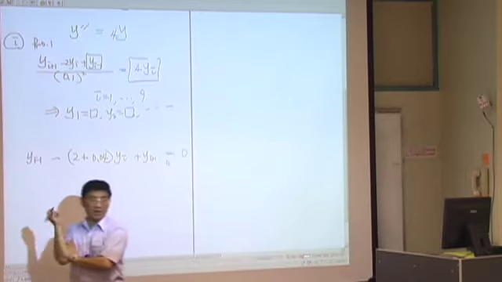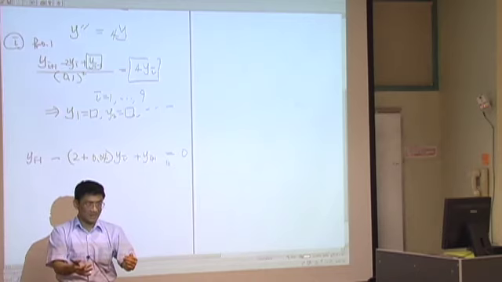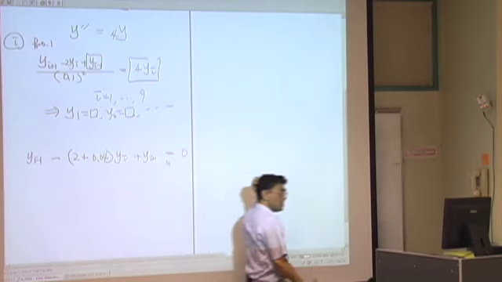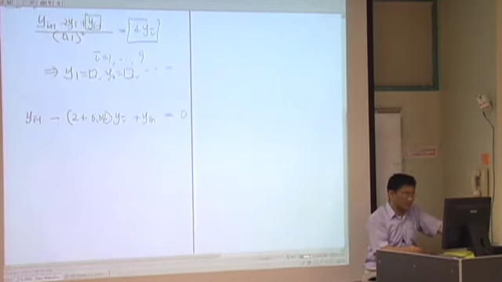So essentially you are writing this thing 9 times, right? Then what do you get? You obtain this kind of system. So i equal to 0 gives us what? y0 minus 2.04 y1 plus y2 equals 0.